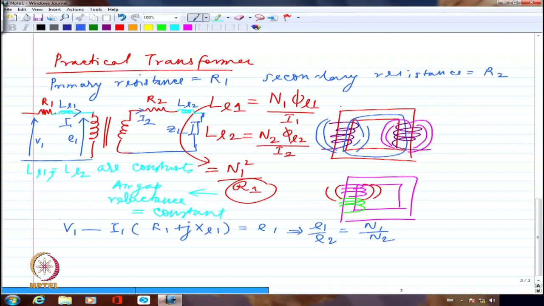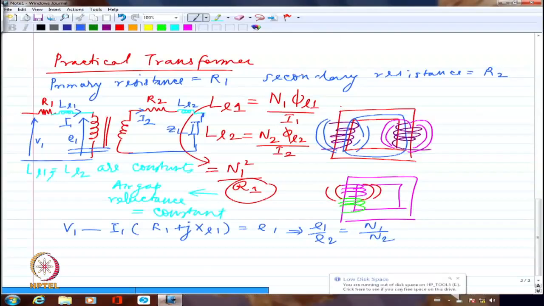So E1 I am talking about as the available EMF across the winding, which will be actually inducing a secondary EMF. So, I would definitely have only E1 available across the primary winding, which will be instrumental in inducing a secondary EMF of E2. So, the magnetic flux that is established in the core will correspond to E1 and not correspond to V1. I hope you understand.